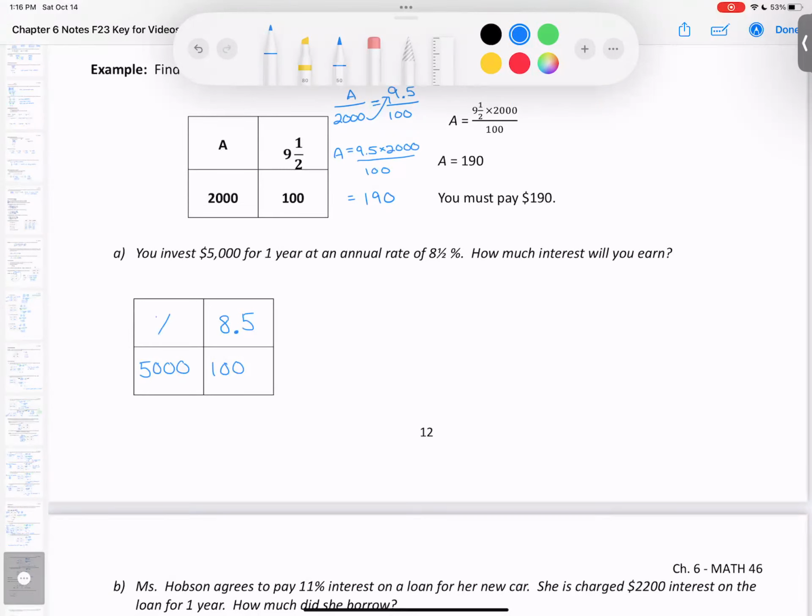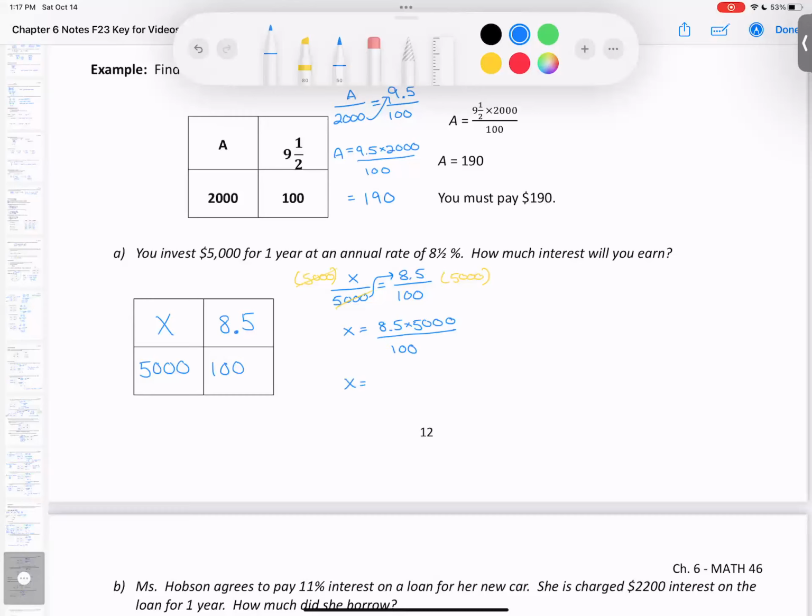So our amount is our X. Let's set up our equivalent fractions. And now I'm going to move this 5,000 up and over the equal sign, or multiply both sides by 5,000. Remember, that's really what we're doing here. So we can cancel out those 5,000s. And we get 8.5 times 5,000 over 100.